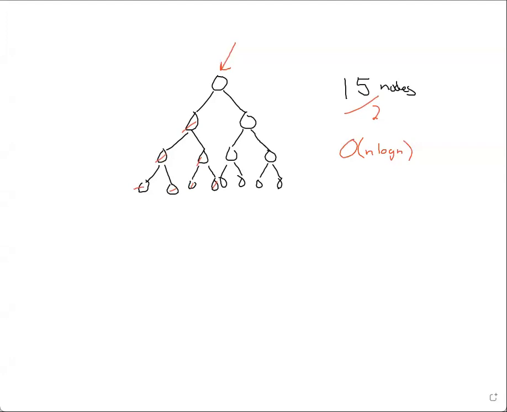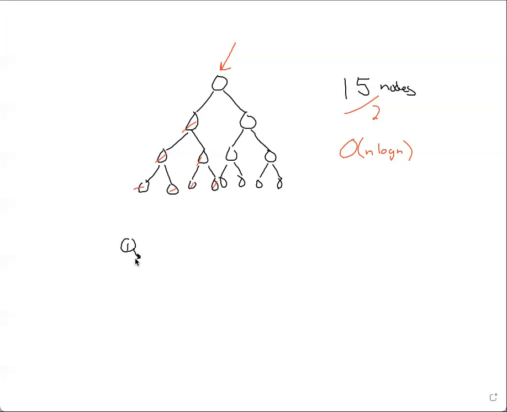The problem is that those good results depend on the tree being balanced. So in the worst case scenario, if we were to enter the numbers 1, 2, 3, 4, 5, for example, in that order, into a binary search tree, we start off with our 1.